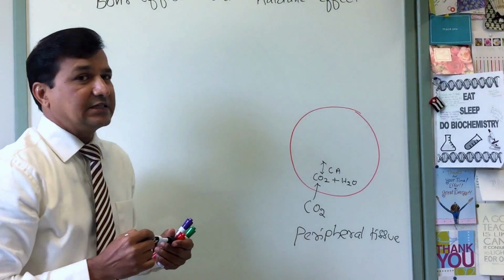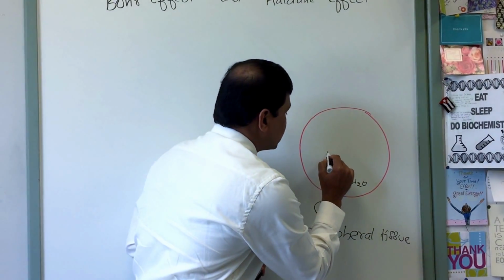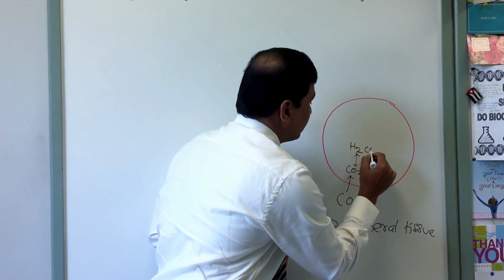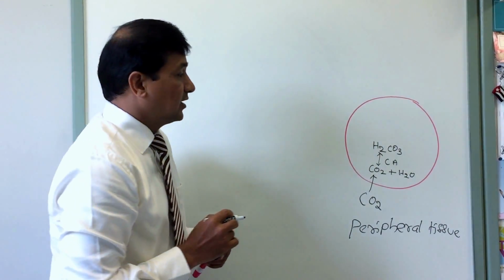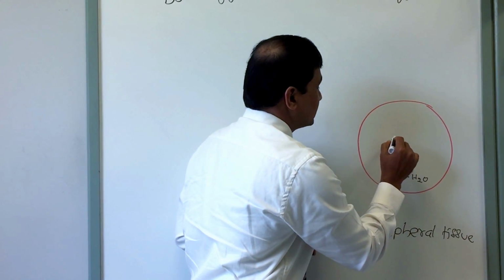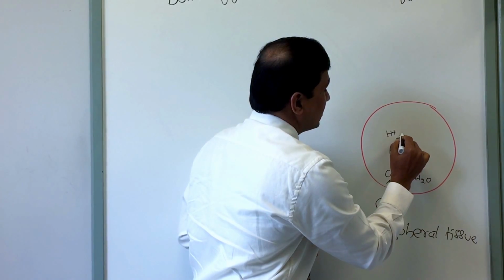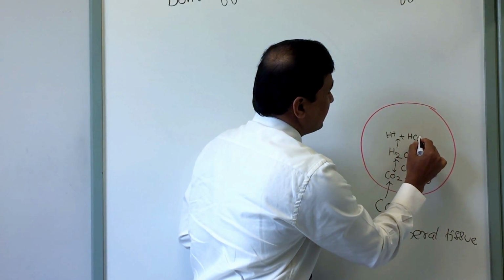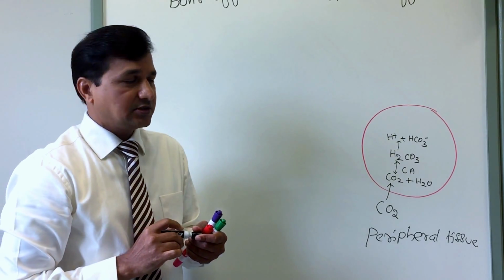I'll write it as CA, carbonic anhydrase. With that you get H2CO3, that is carbonic acid. This carbonic acid spontaneously dissociates into H+, this is the proton, plus HCO3-, bicarbonate: proton and bicarbonate.